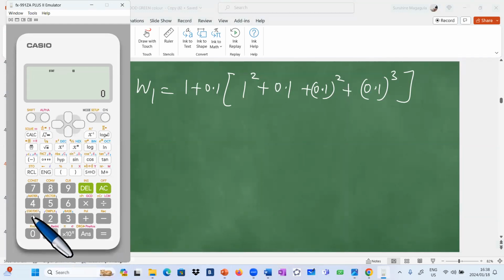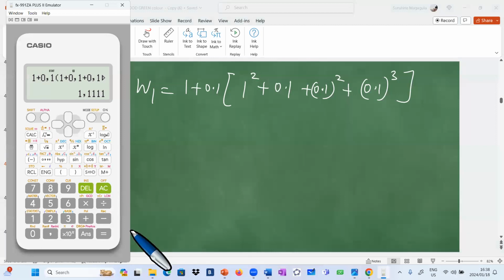So we have 1 plus 0.1 into 1, just 1 squared, which is 1 plus 0.1 plus 0.1 squared plus 0.1 cubed.